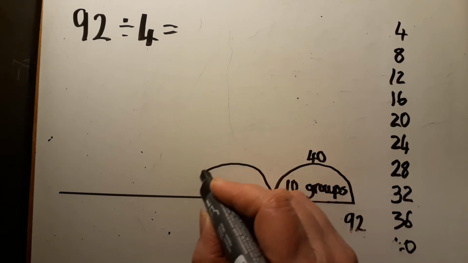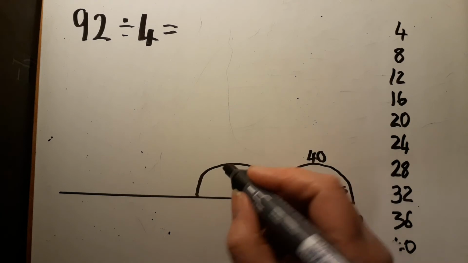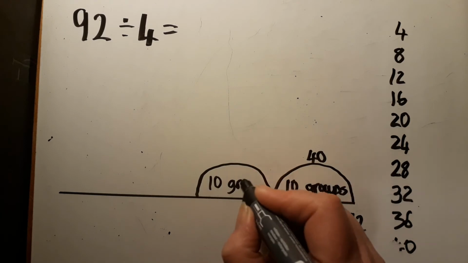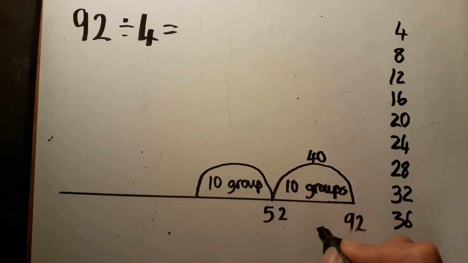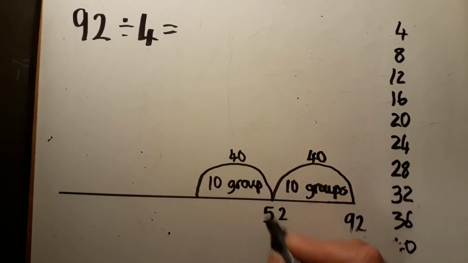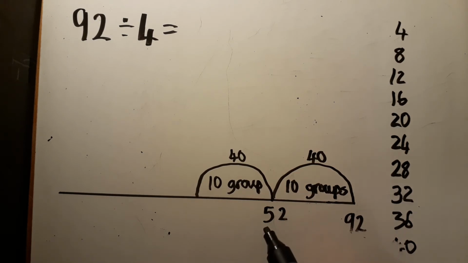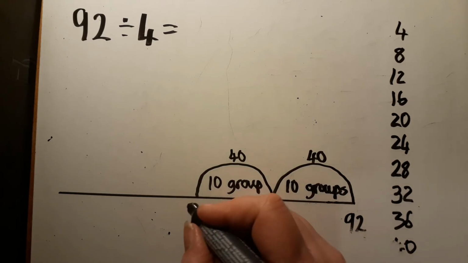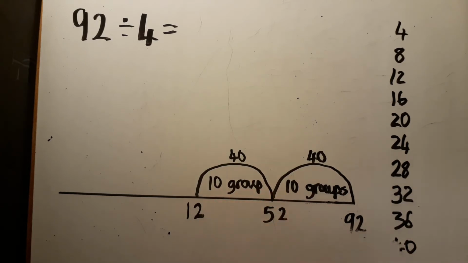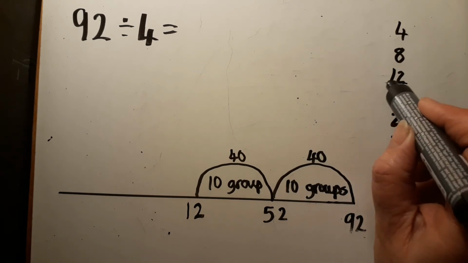and because 52 is bigger than 40, I can take another 10 groups as well. So 10 groups of 4 is 40, and when I subtract 40 from 52, 40 is made of 4 groups of 10, so I'm going to take those from my 5 tens in 52. That will leave me with 12, and 12 is a multiple of 4.